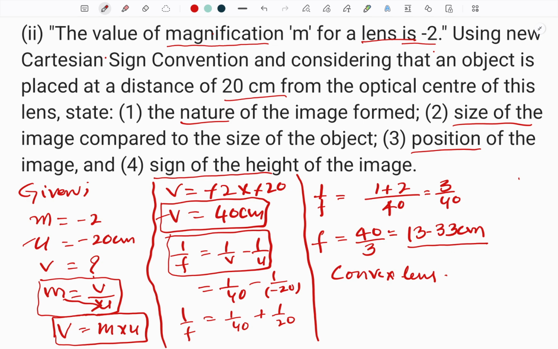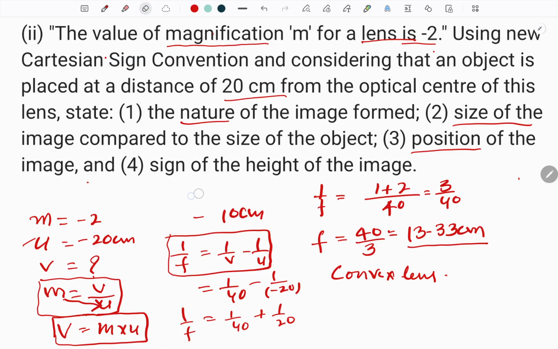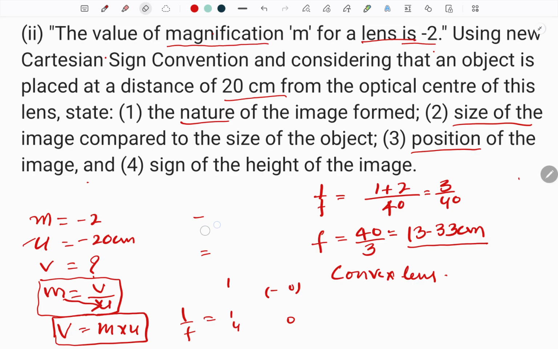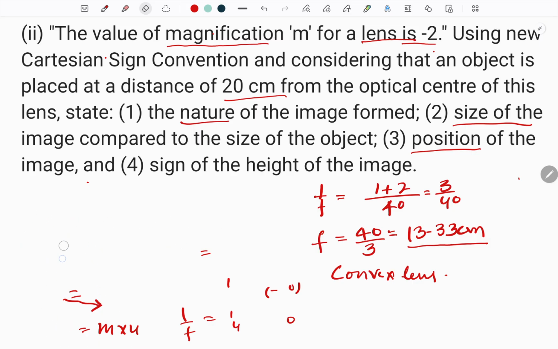Now from this we can find out what is the nature of the image, what is the size of the image compared to the size of the object, position of the image, and sign of the height of the image. Now this part I'm going to delete, because we have to draw a ray diagram here.